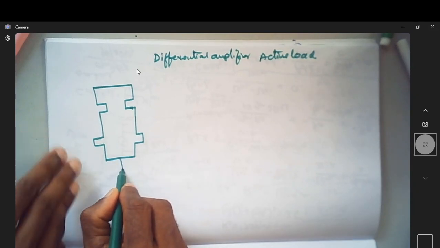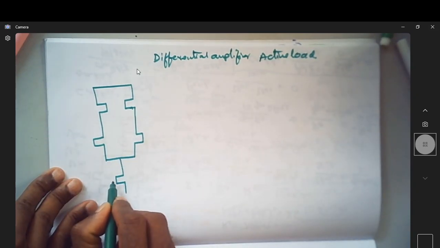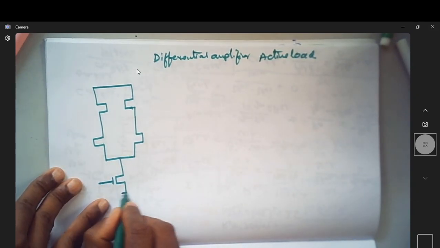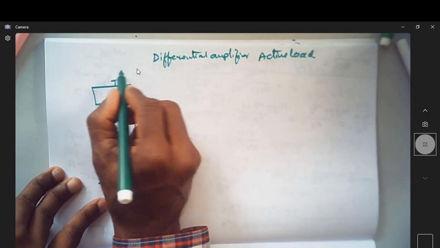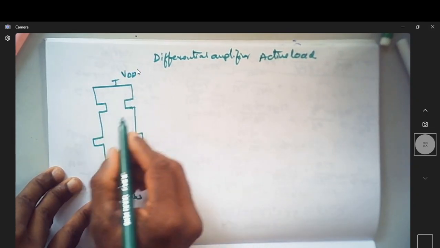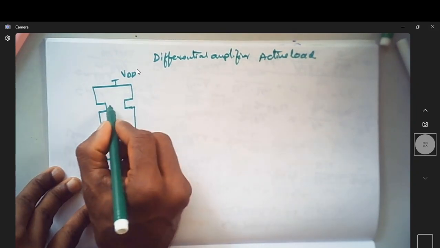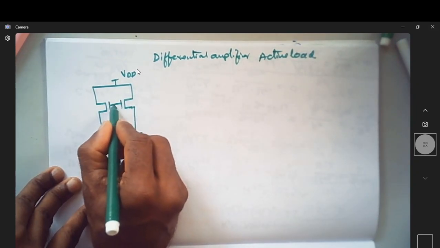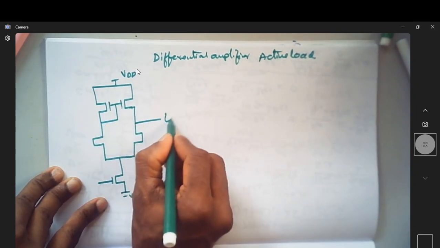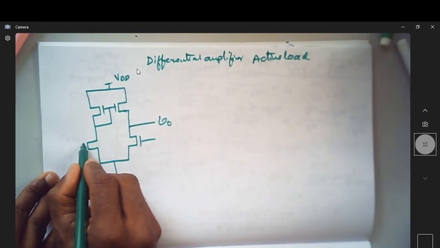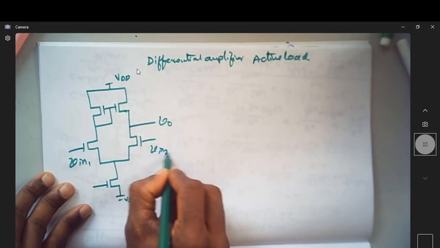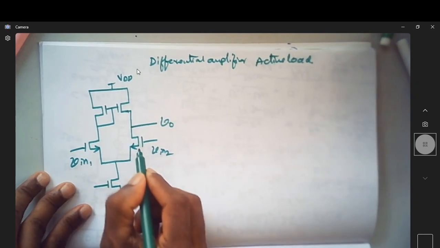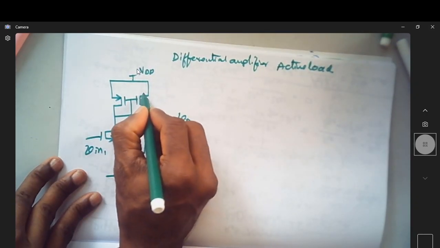I have this as my tail current source, minus VSS. This is VDD. This is V in 1, V in 2. This is NMOS, this is again NMOS. This is PMOS, this is PMOS.